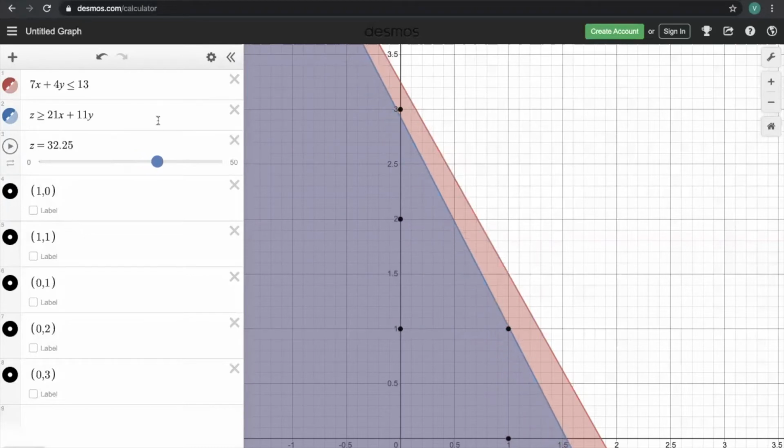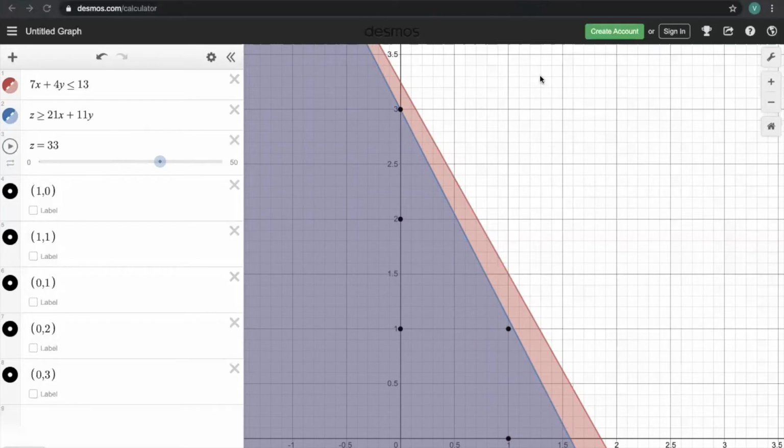And we find out that our optimal maximum value for z is 33 at 0, 3, which is not very close to our original value that was close to 20.